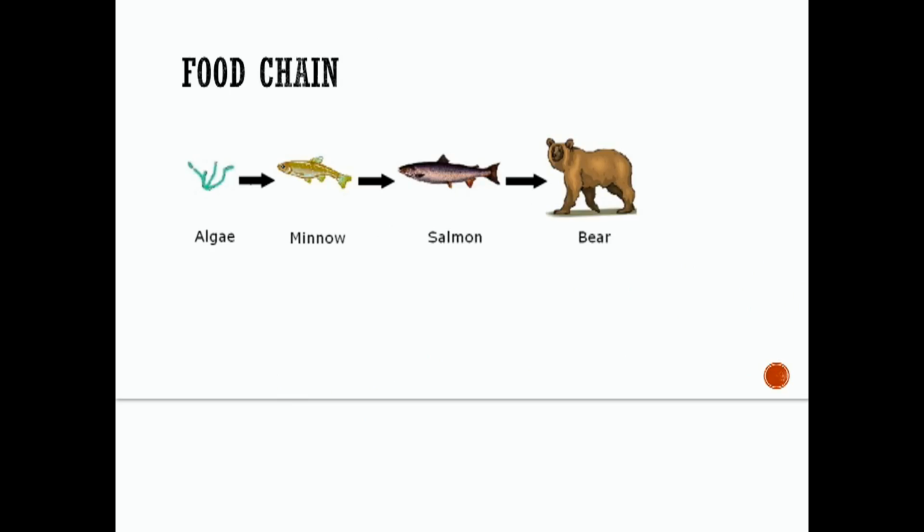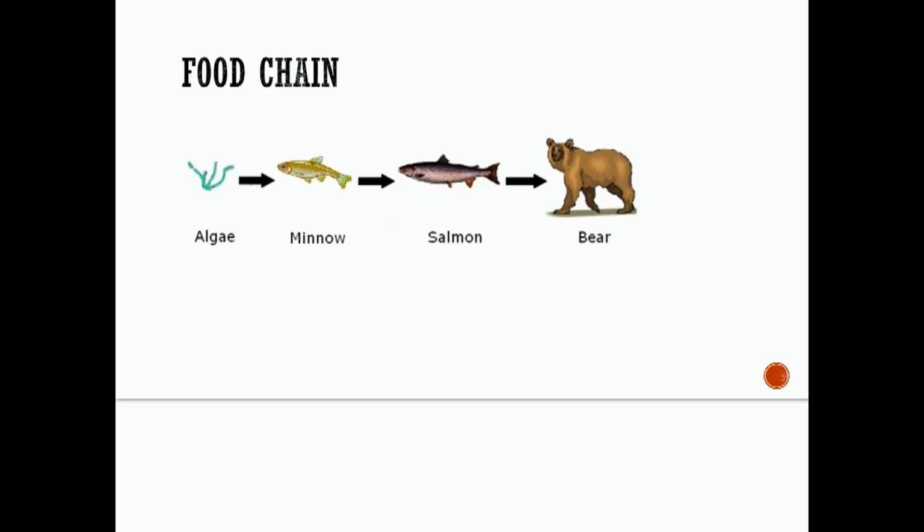Okay, so here's another food chain. This food chain shows the flow of energy from a producer, which is algae, to consumers in the ecosystem. Okay, the minnows are the primary consumers. The salmon is the secondary consumer, and the bears are the tertiary consumers. So the arrows in a food chain or a food web represent the direction of energy flow.